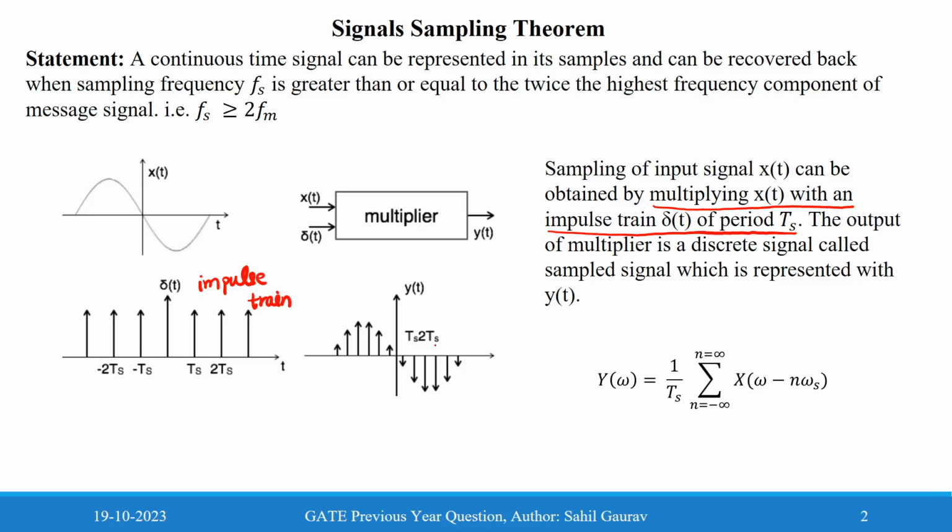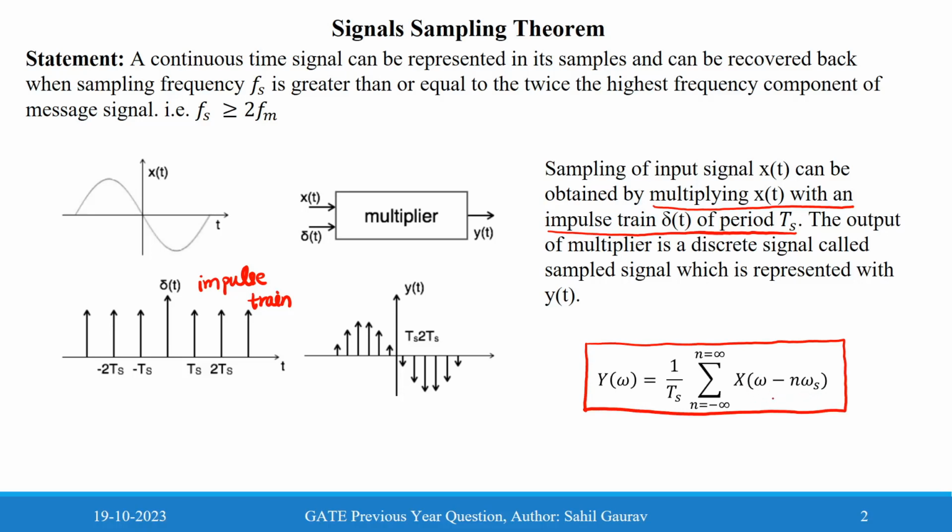Now if we take the Fourier transform of this sampled signal, we get this equation. The output of the sampler is very important: what frequency components are present at the output? We can see that the frequency components present at the output are f minus nfs.